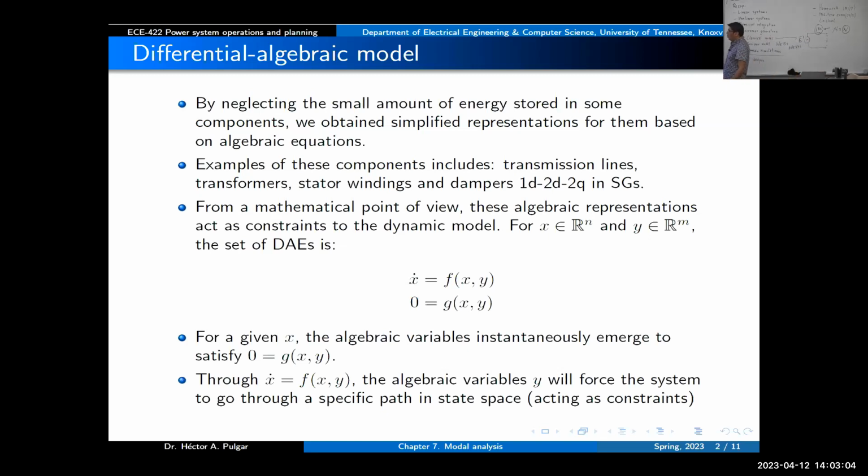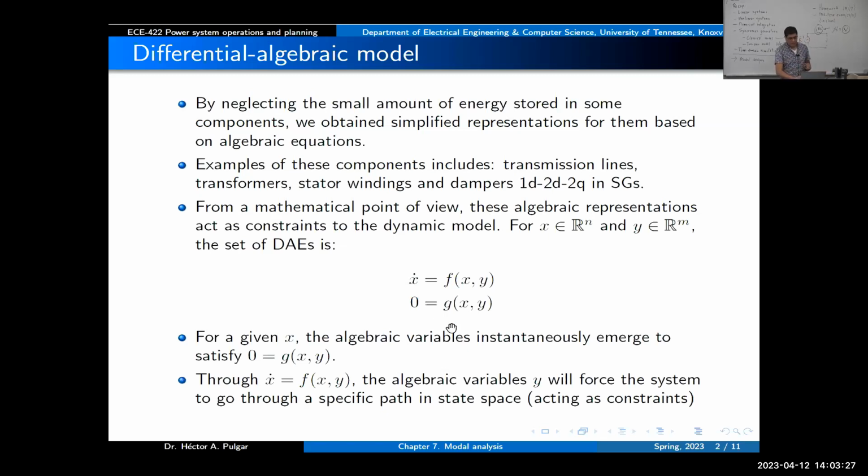And we know that all these variables and equations related with the algebraic component are a physical phenomenon that happens very fast, and we can approximate it as if they can move infinitely fast. Therefore, they can change instantaneously at any time.